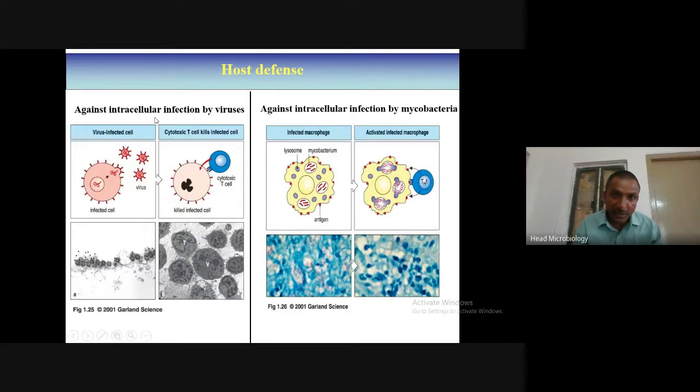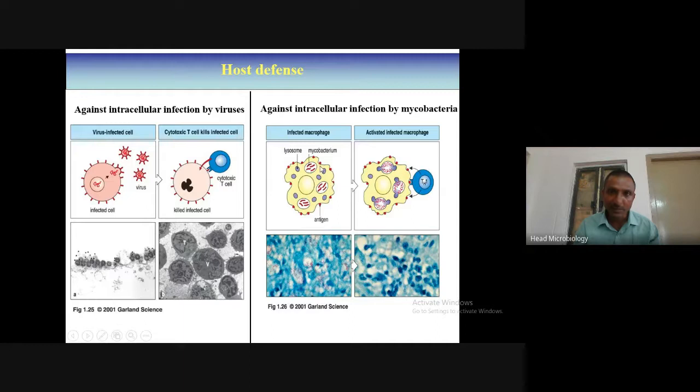Here, the host defends against intracellular infection by viruses and against intracellular infection by mycobacterium. Viruses infect the cells, then enter the cytotoxic T cells, and the T cells kill the infected cells.